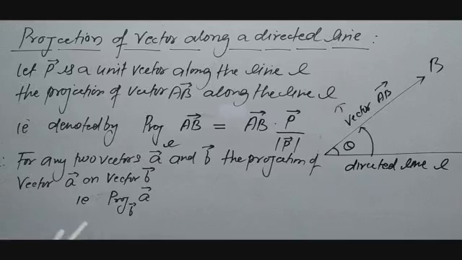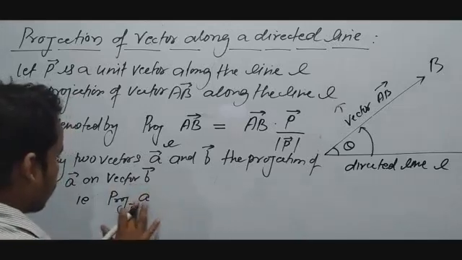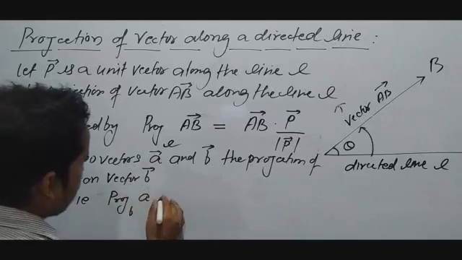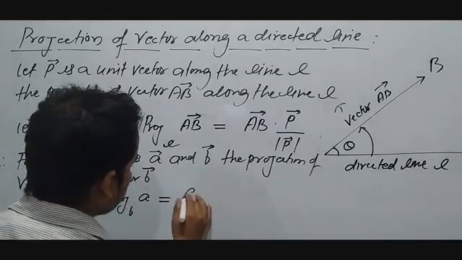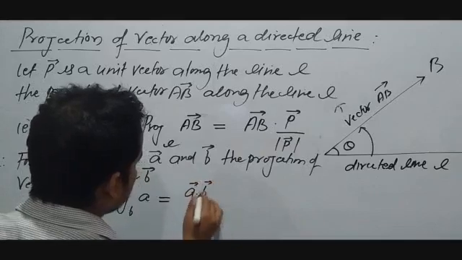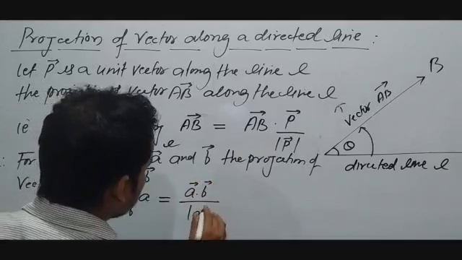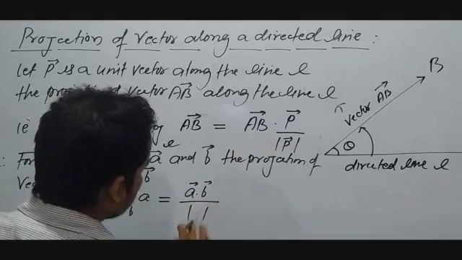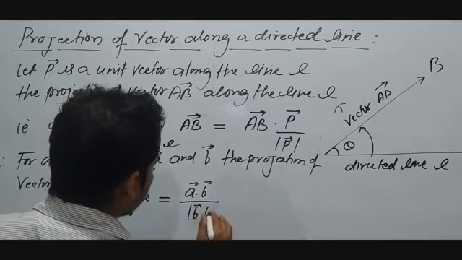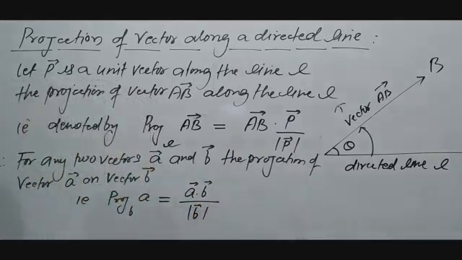This is the format. We have to write projection of vector A on vector B, that is vector A dot vector B whole upon mod of vector B. This is the formula. Now we should learn this. And this is also the scalar projection of vector. This is known as scalar projection of vector.